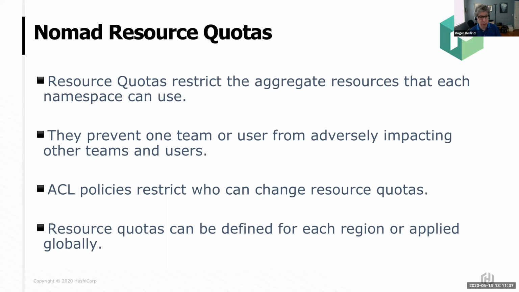Primarily, we're talking about CPU and memory resources, but also networking resources. And these prevent any one team or user from adversely impacting the other teams, right? If each team is limited to a certain amount of resources within the Nomad cluster, they can't schedule a whole bunch of jobs that suddenly consume all the resources of the cluster, and that would thereby stop the other teams from doing the work they need to do or from running their applications.